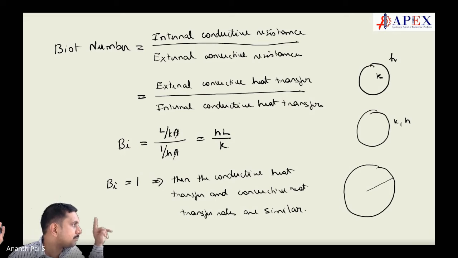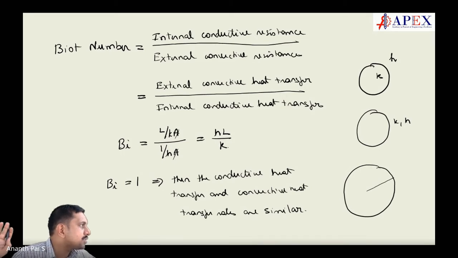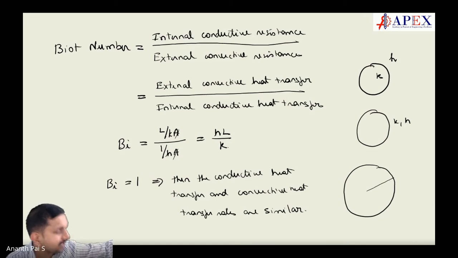Now you can know whether it is less than 1 or greater than 1. Just like Reynolds number equal to 1 means inertial and viscous forces are similar in magnitude, almost the same magnitude.